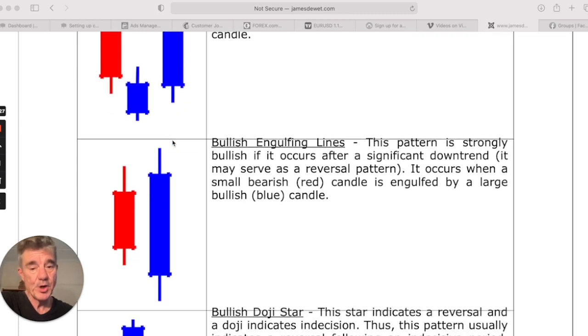This is a good one, a bullish engulfing candle. Essentially, what we're looking for is a bearish candle followed by a bullish candle with small wicks and a large body. And why it's called engulfing is because the price of the bullish candle, this one right here, closes above the opening price of the previous bearish candle.